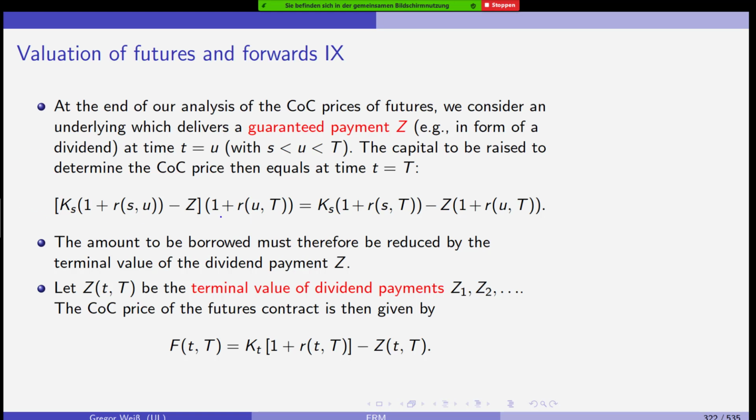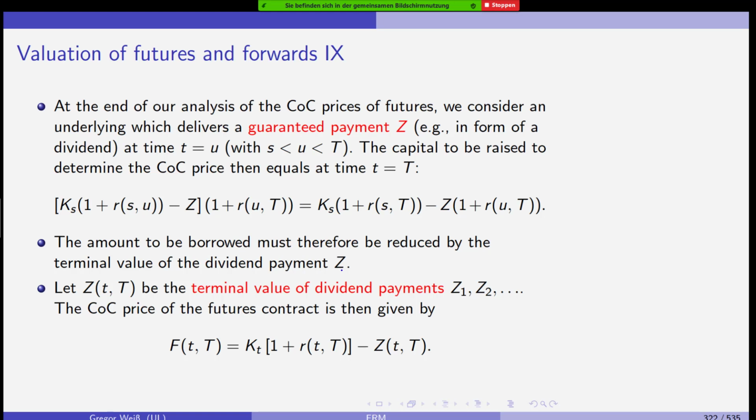Actually, here we can see if we get paid a dividend in between, we don't need as high a loan volume, so we can reduce K_s by Z, and this is what happens. K_s minus Z times 1 plus R, K_s equals 1 plus R, and so on. And the amount to be borrowed must be reduced by the terminal value of the dividend payment Z.